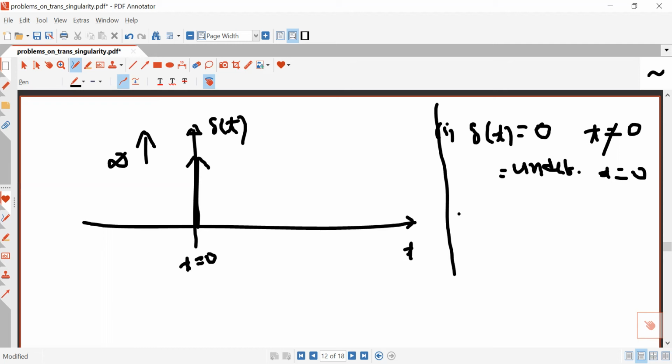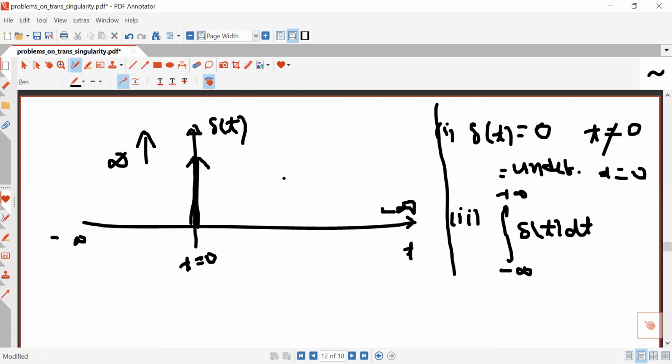The second thing I discussed in the previous lecture is the area under the impulse function. If you calculate the area of this signal from minus infinity to plus infinity, and this area is unity, then the impulse signal will be a unit impulse signal.